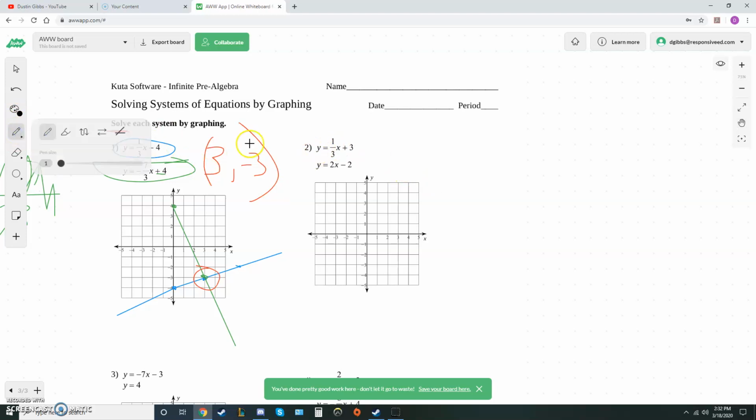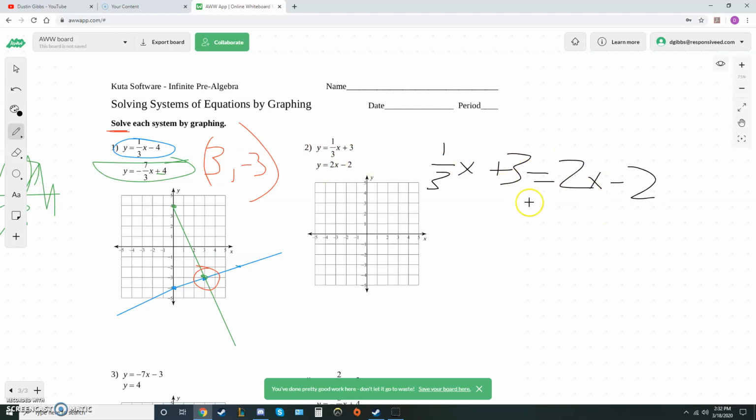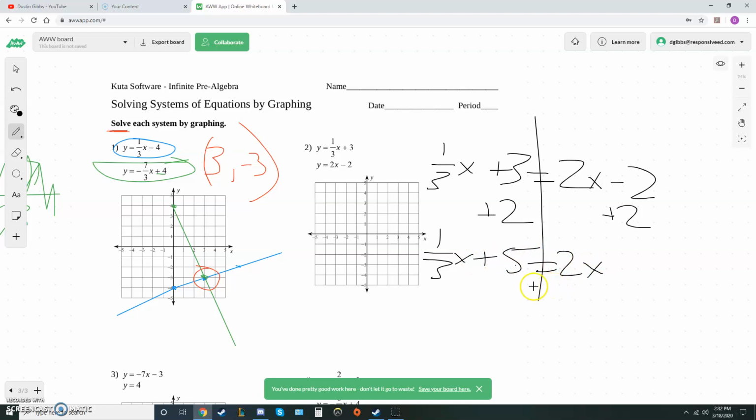So take these equations and set them equal to each other. So 1/3x plus 3 equals 2x minus 2. So just take the x parts and put them equal to each other. Solve for x. So +2 plus 2, you get 1/3 x plus 5 equals 2x.